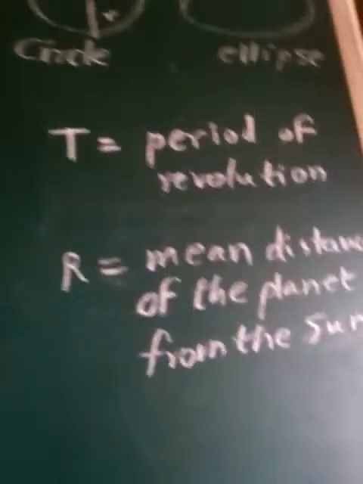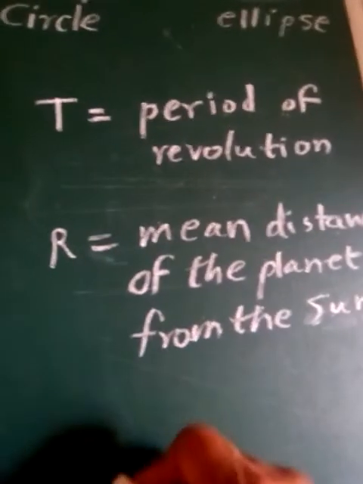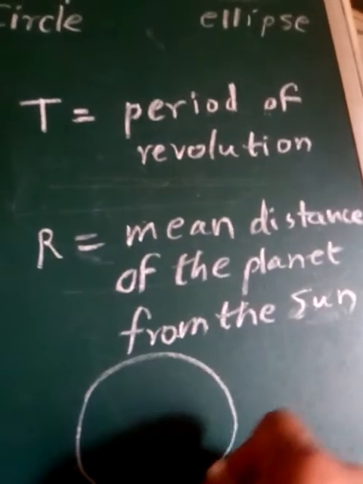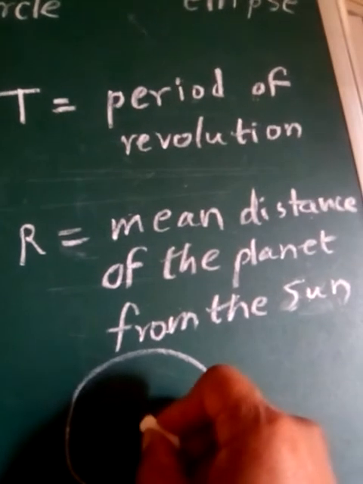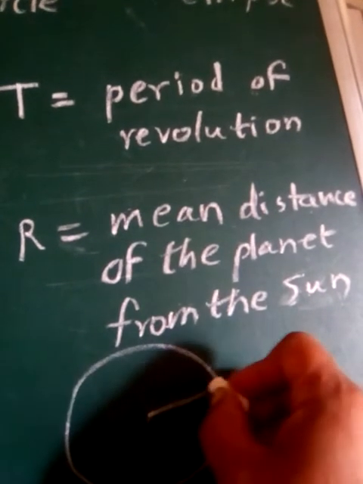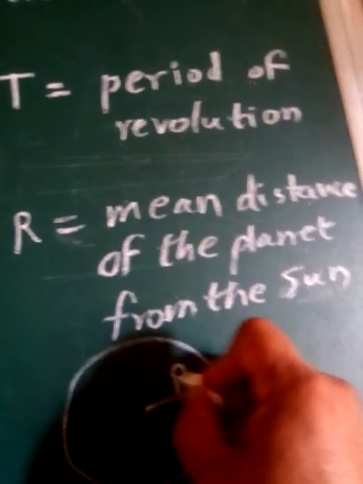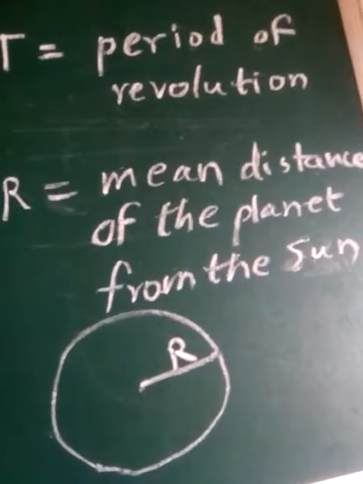So we can consider, instead of ellipse, a circle of that mean distance, which will remain now constant, and it will be radius of that circle.